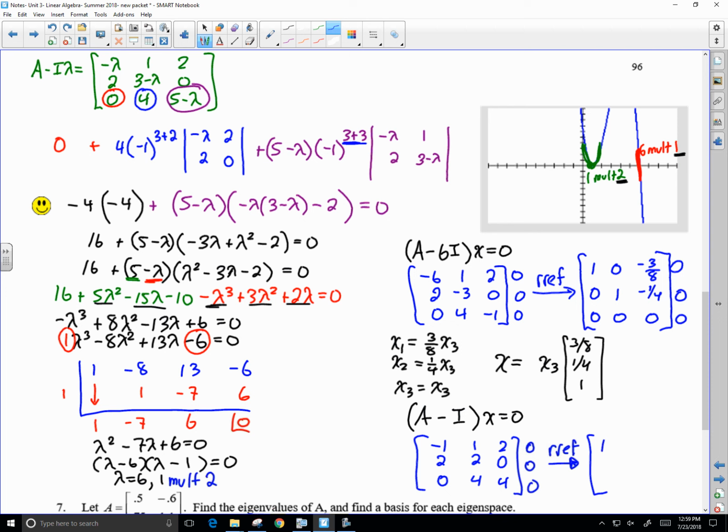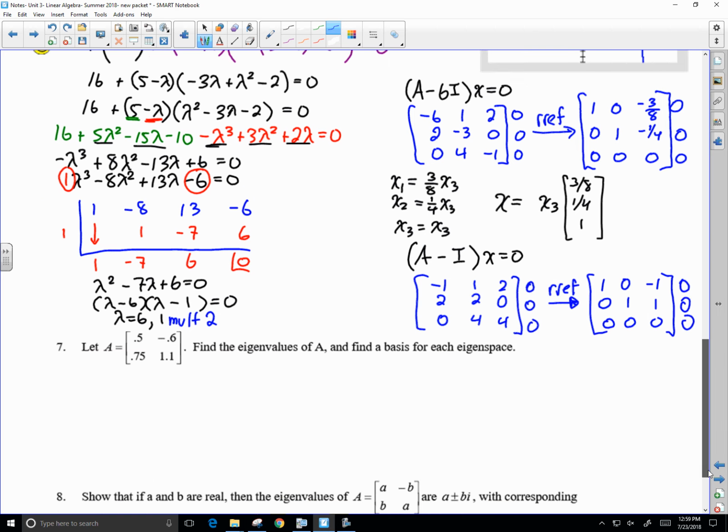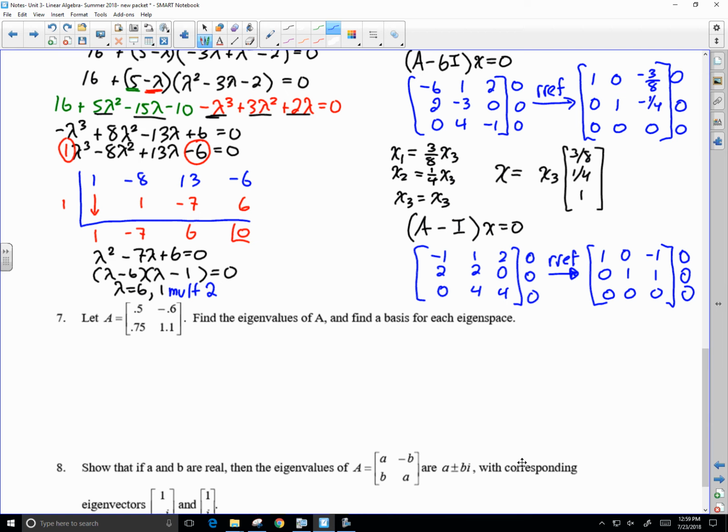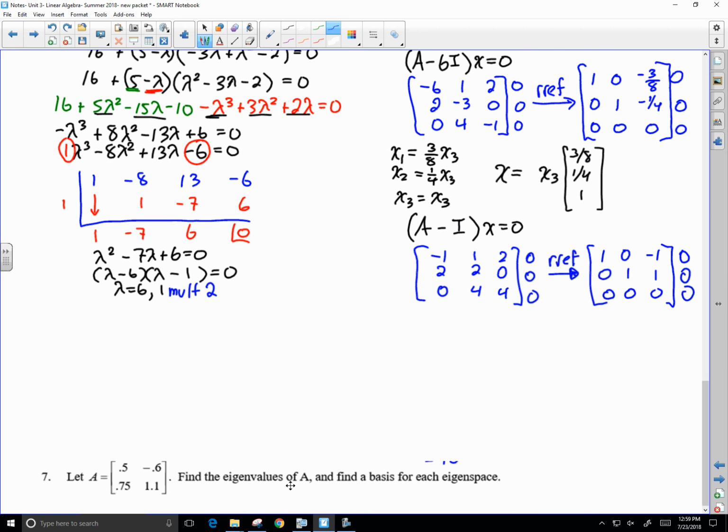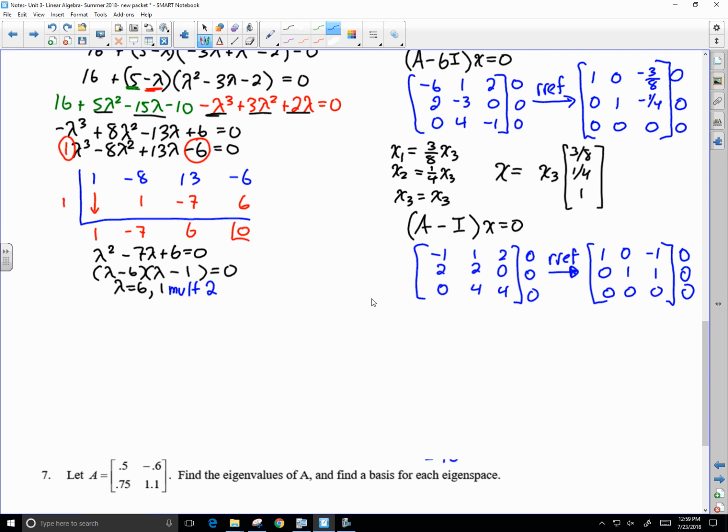So 1, 0, negative 1, 0, 1, 1, 0, 0, 0. And so we're looking at x1 equals x3, x2 equals negative x3, x3 equals itself, making x equal to x3 times 1, negative 1, 1.